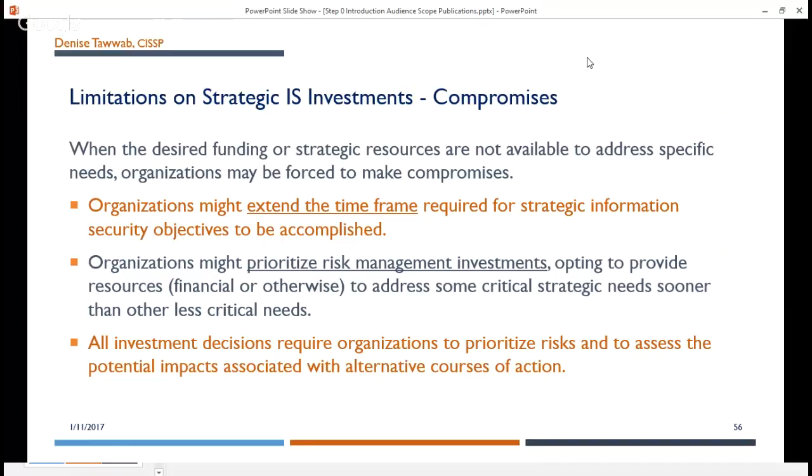All investment decisions require organizations to prioritize risk and to assess the potential impacts associated with alternative courses of action. So chances are very good when you get into risk framing and beginning to stand up your information security program, the first thing you're going to run into is that you don't have all the resources that you need to do everything that's on the list. And so you will have to make some compromises, whether it be time, or just prioritizing what gets done first.